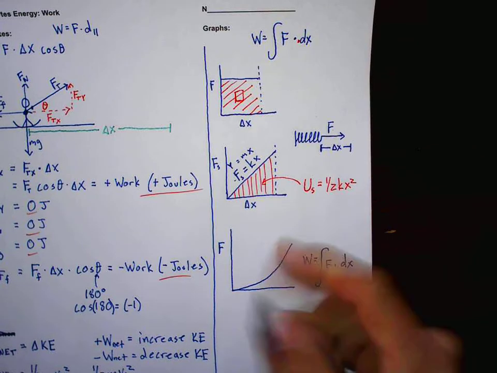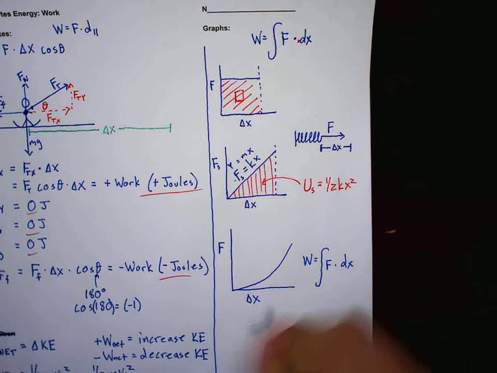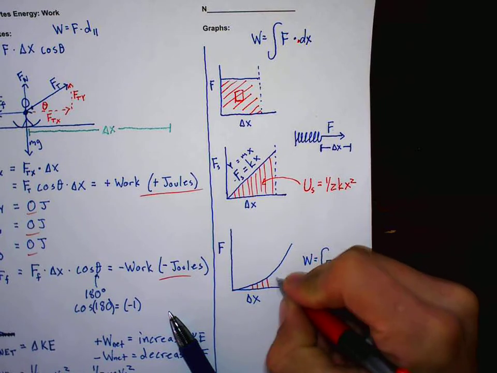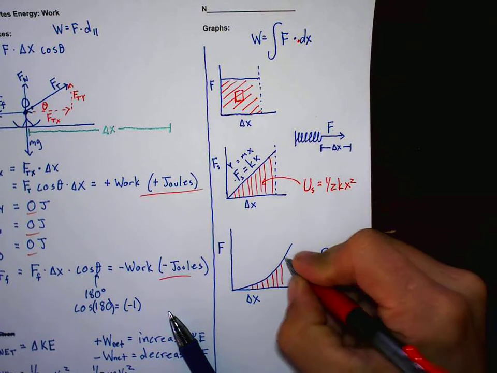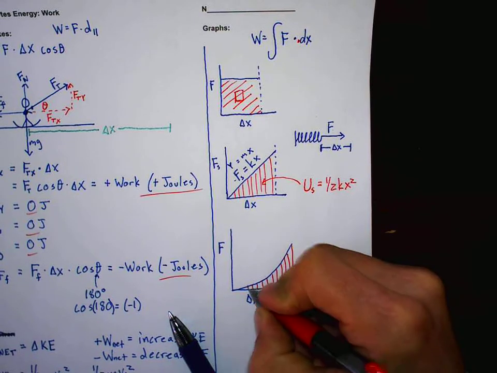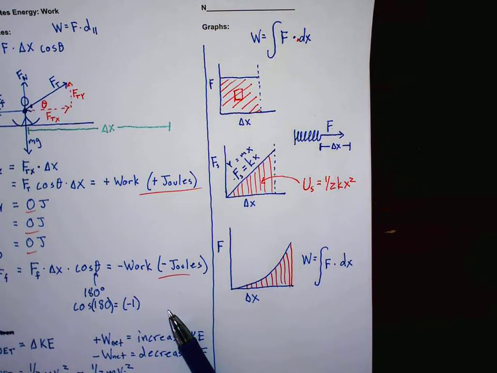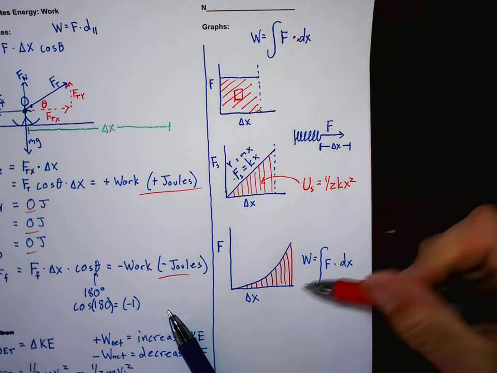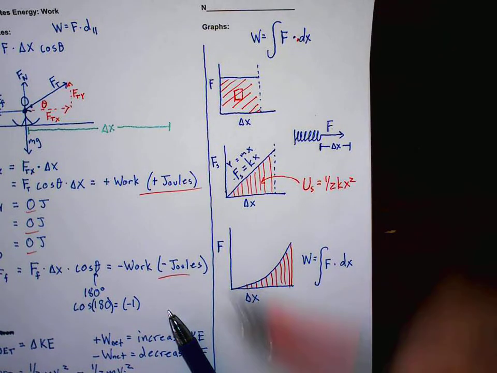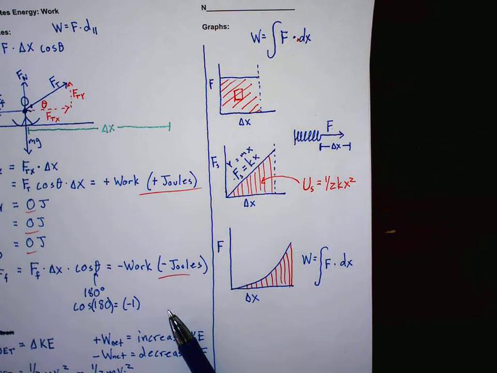Okay, here's delta x down here, and the area of this graph is, that's when we're going to need our calculus to get it. Okay, so we'll go over that in class. I just wanted you to have a basic understanding that all of these areas are work, okay, and different degrees of how we calculate them.